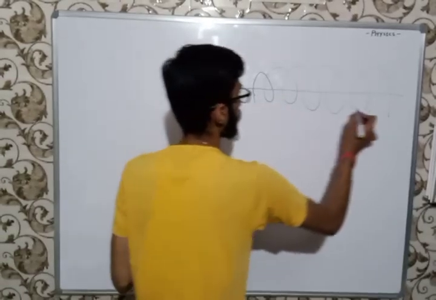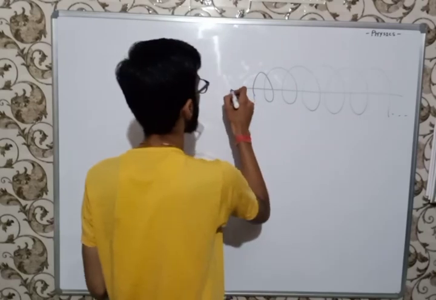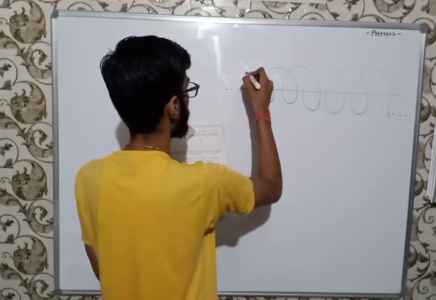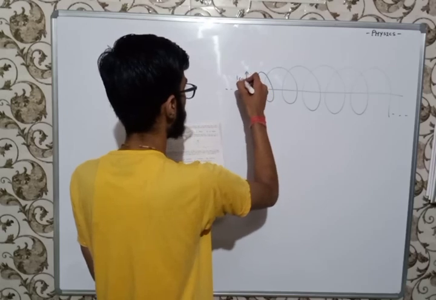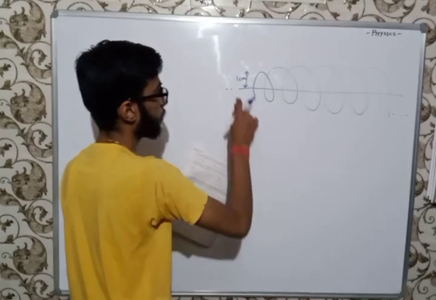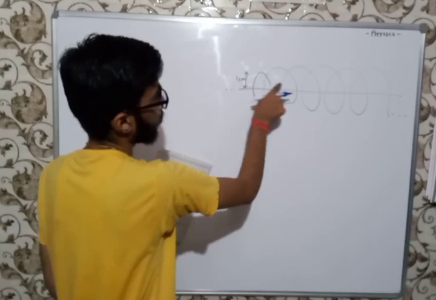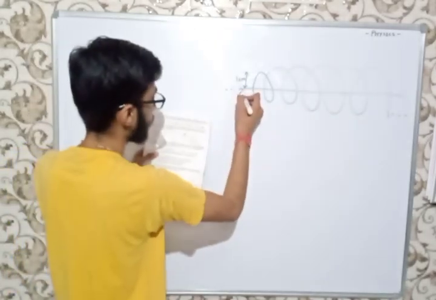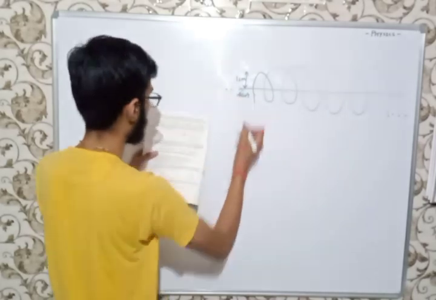Both are infinite. This is the radius of the solenoid. The wire carries a current of 45 ampere.